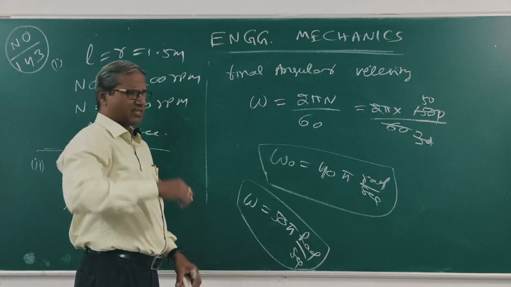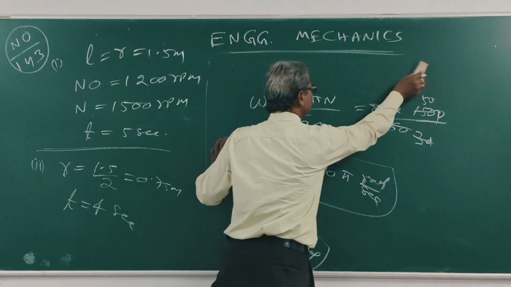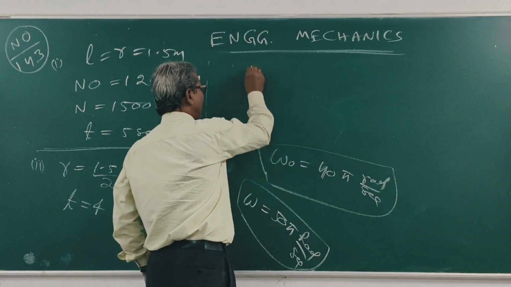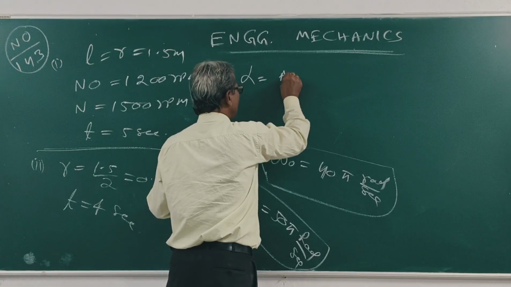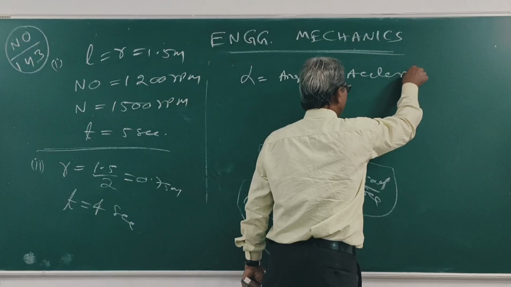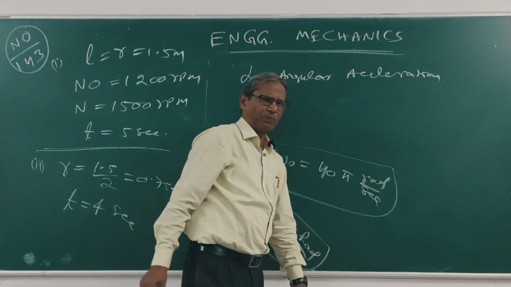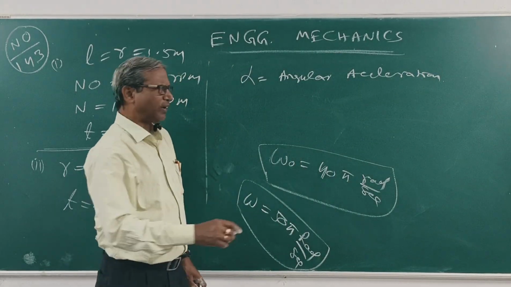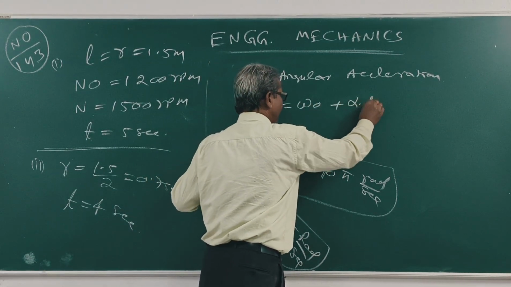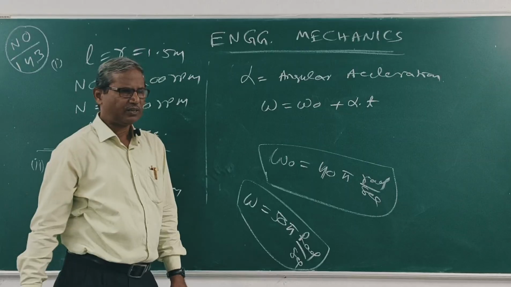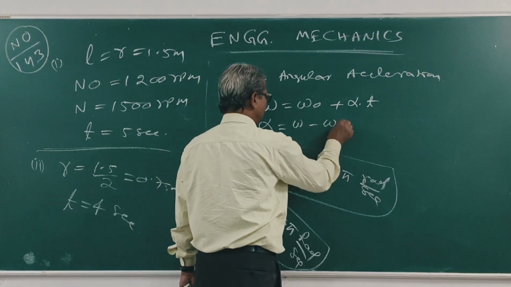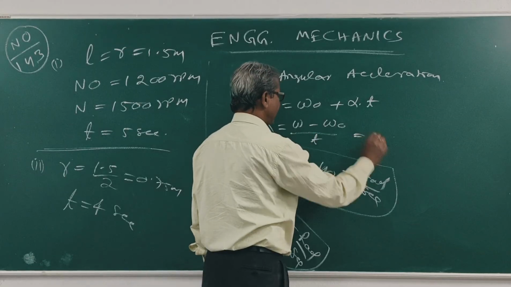Next, find alpha, the angular acceleration. What is omega? Omega is equal to omega 0 plus alpha into t. So alpha is equal to omega minus omega 0 by t.